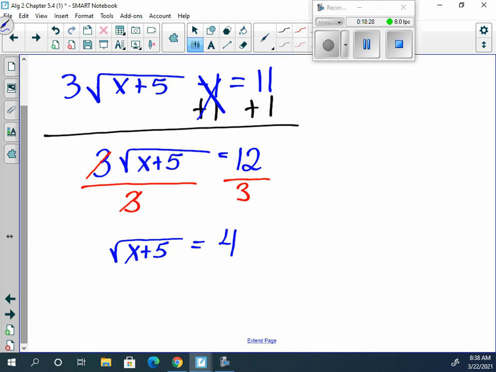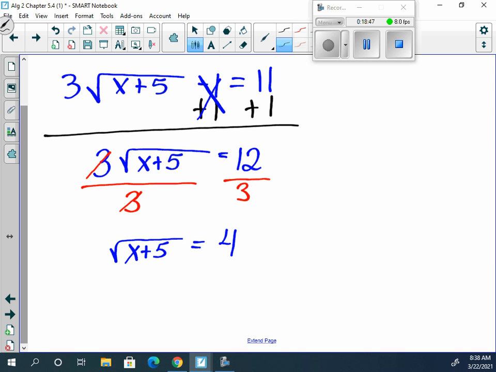So we've gotten the radical by itself because there's nothing being multiplied by the radical or added or subtracted to it. We just have the square root of x plus 5 is equal to 4. So that takes care of step 1, getting the radical by itself.